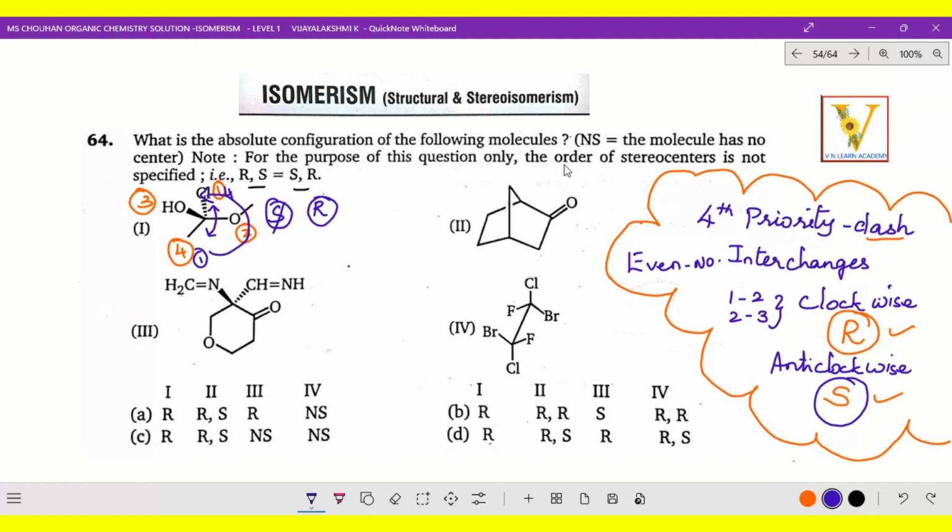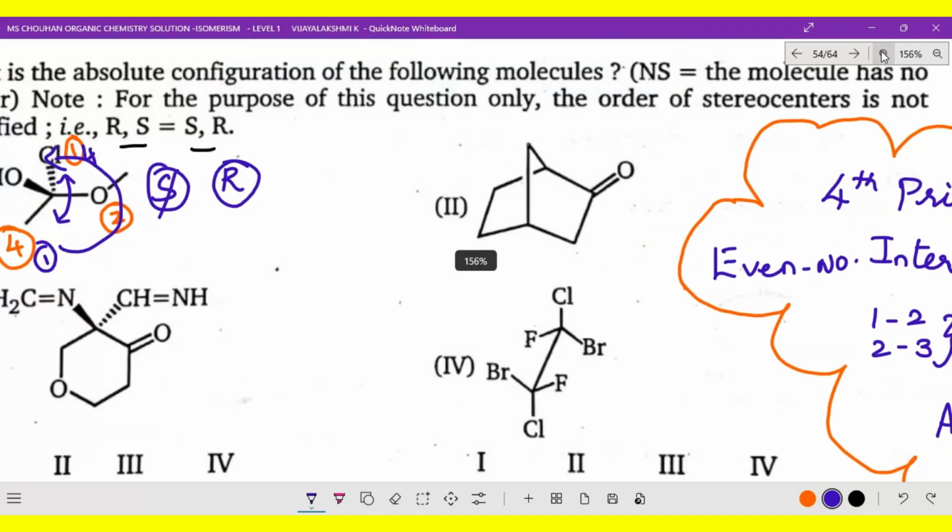And the second compound, they did not mention any wedge or dash. So we ourselves can take it as wedge or dash. Okay, now this is one chiral center and this is another chiral center. So this part is wedge and this part is dash. The same way, this part is wedge and this part is dash. Now we give the numbering priority order. Oxygen is there, no?